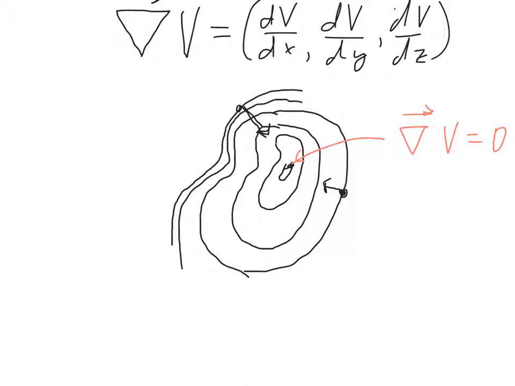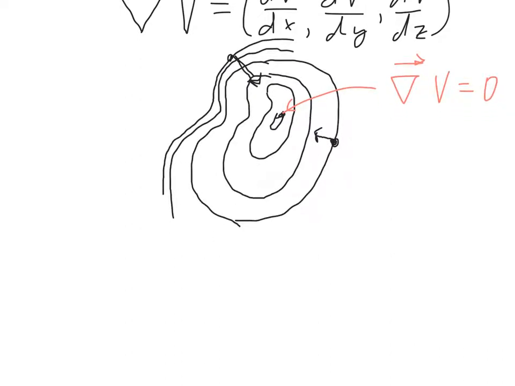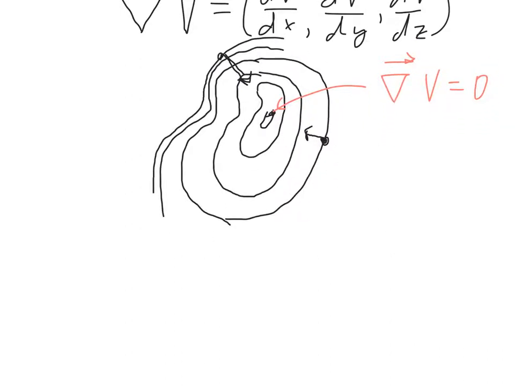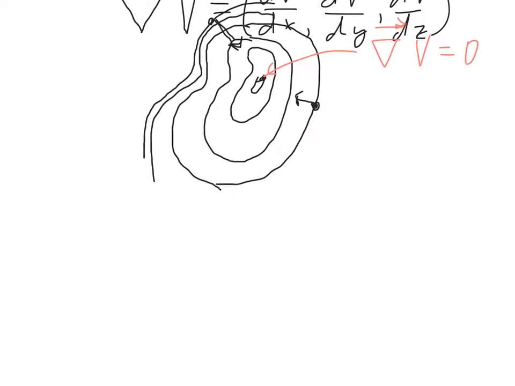So at a maximum or a minimum, the gradient is 0. At any point, the gradient is a vector that points directly uphill, whose magnitude tells me how steep it is. So that's kind of a picture of what the gradient is. I won't prove to you how this comes out, but we'll just take my word for it that this definition of the gradient gives me this qualitative picture.